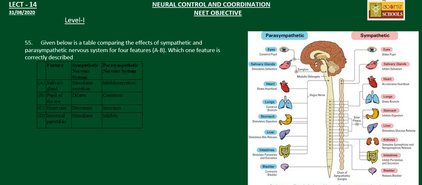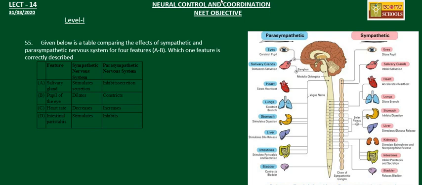The next question: given below is a table comparing effects of the sympathetic and parasympathetic nervous systems. Here I have given you a picture for your reference. So what does the parasympathetic nervous system do, and the sympathetic nervous system, what are all its functions?